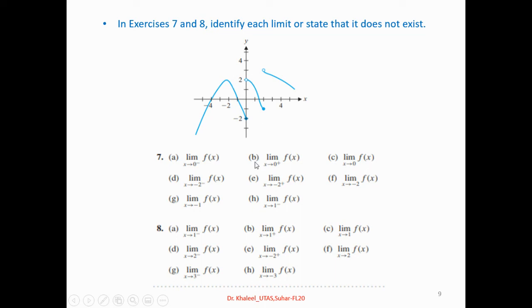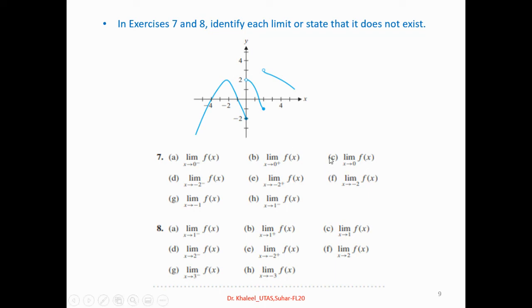So the answer for 7b is 2. So the limit exists and it is equal to 2. Does the value of the function exist? No. That means f(0) does not exist because of the open circle.